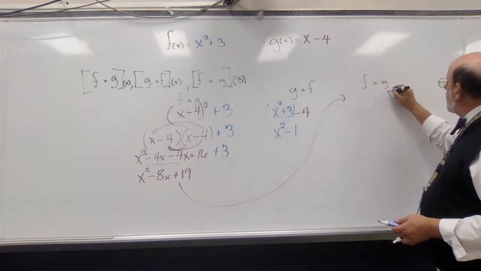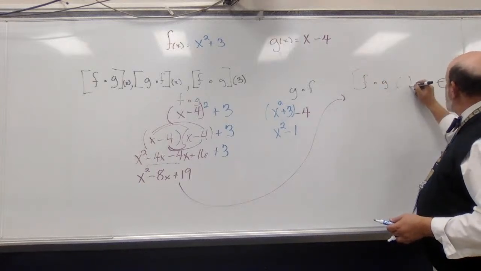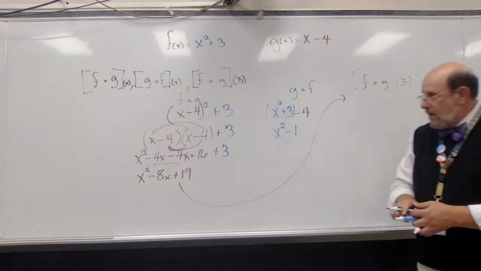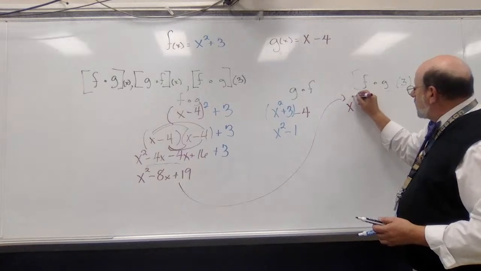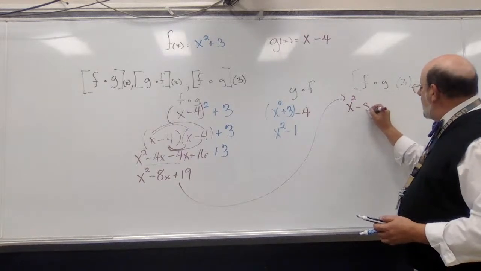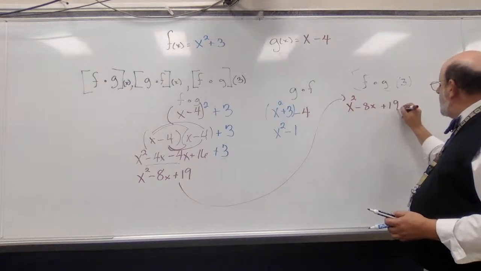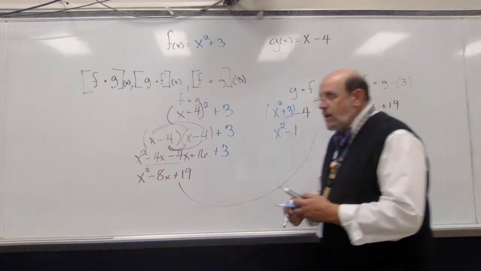And then we're going to put a 3 in. So I'm going to write this whole thing out. x squared minus 8x plus 19.